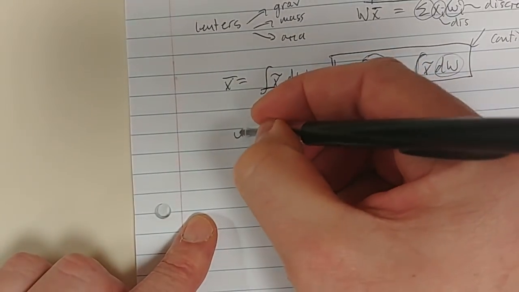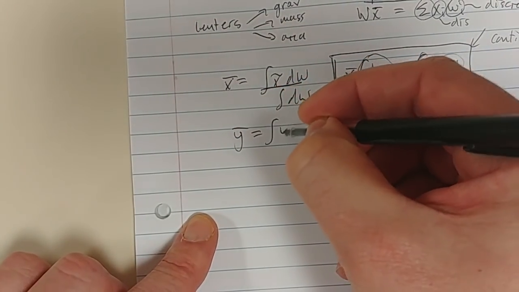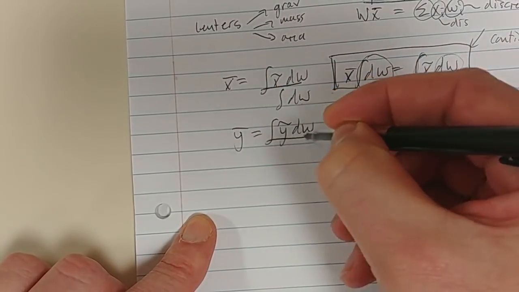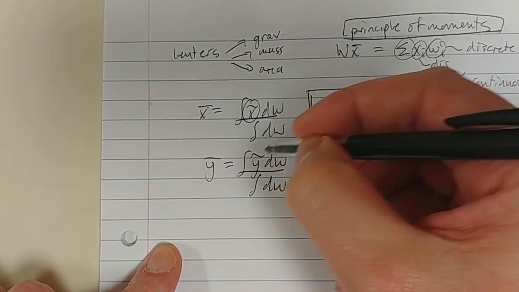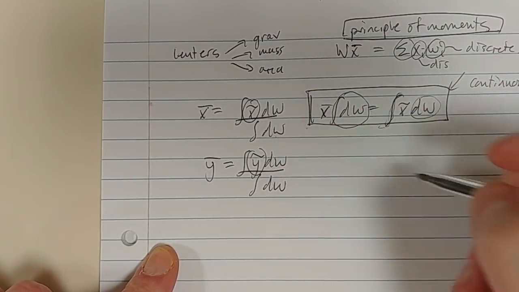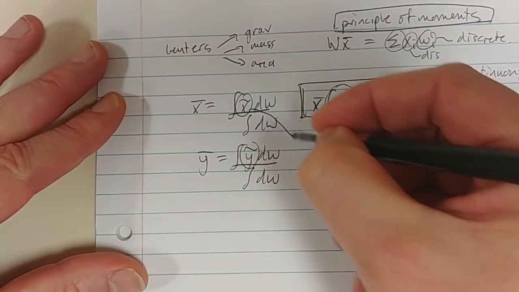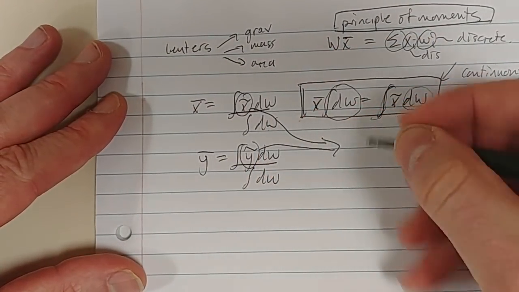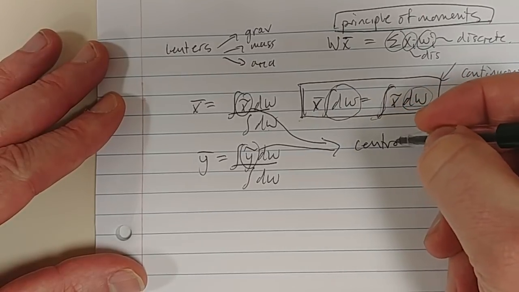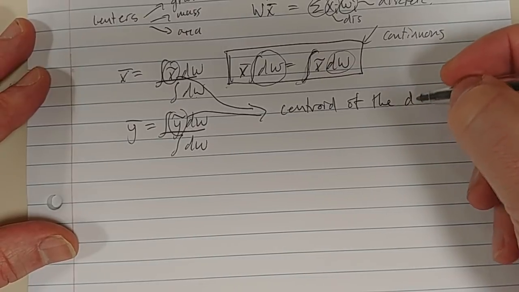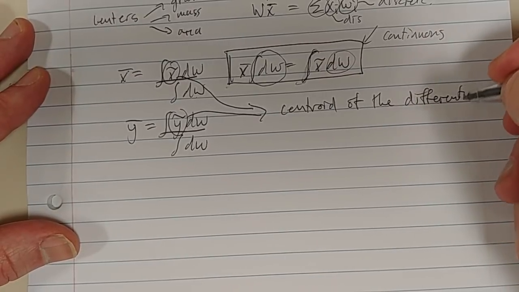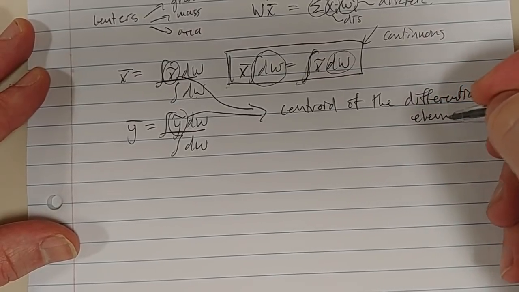So we have this, and then we had y bar also is the integral of y tilde dw over the integral of dw. And what we saw was that x tilde and y tilde is the location of the centroid of the differential element.